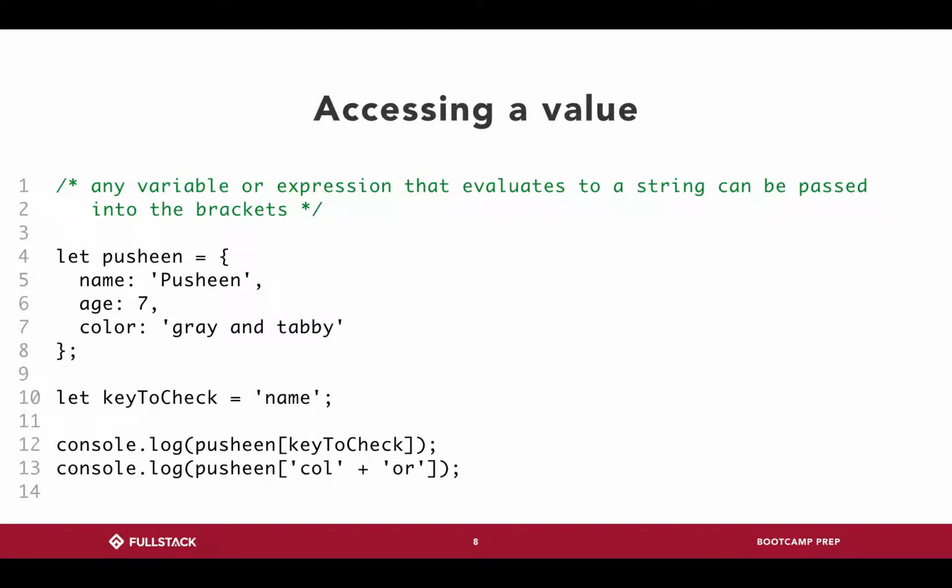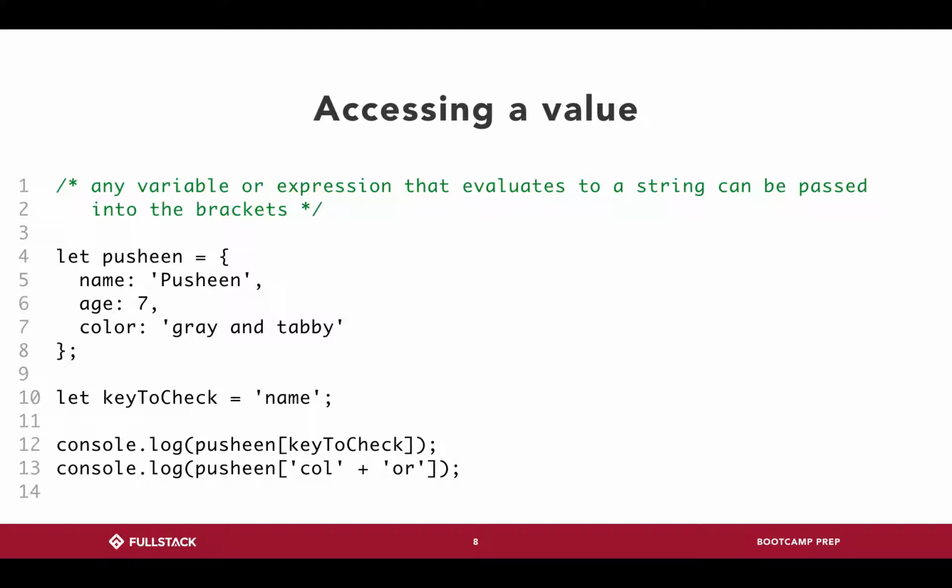What is cool about accessing values of an object literal with bracket notation is that the thing inside those 2 square brackets only needs to evaluate to a string. So if we pass in a string literal, we're good because a string literal is a string. But we can also pass in expressions, like one string plus another string. That operation happens, and we get the string color.